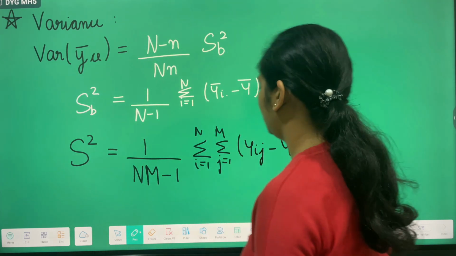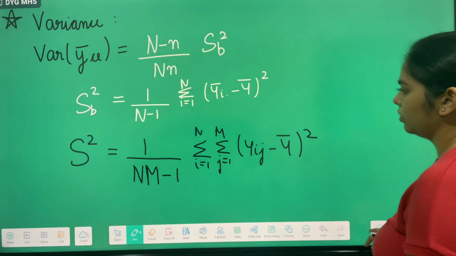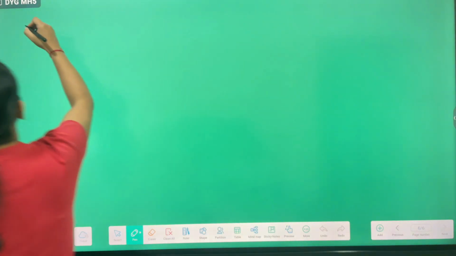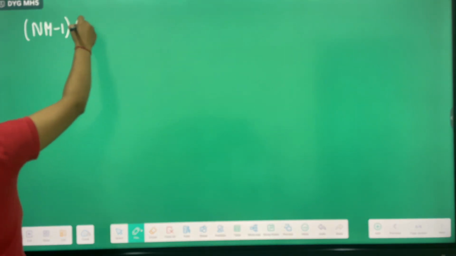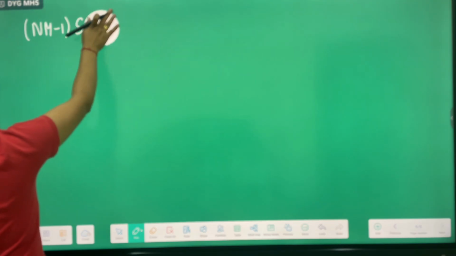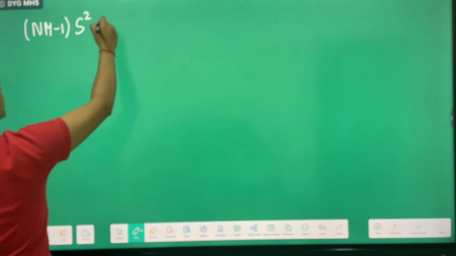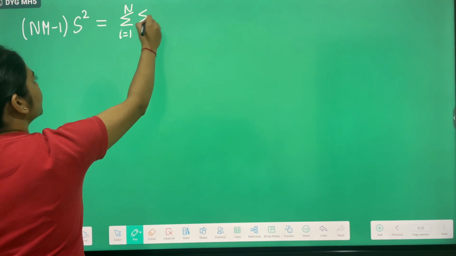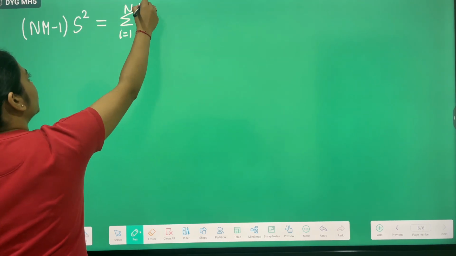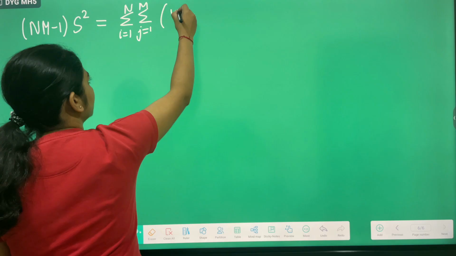This is the formula for S square. Now from here we can write NM minus 1 into S square is equals to summation i goes from 1 to N, summation j goes from 1 to M, y_ij.